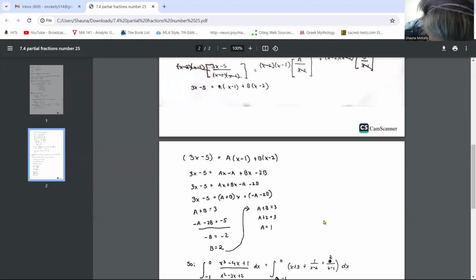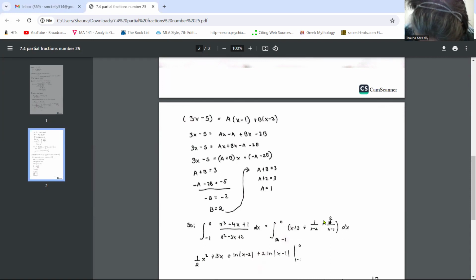And I did all those calculations, and I ended up with the partial fraction decomposition: the integral of x plus 3 plus 1 over x minus 2 plus 2 over x minus 1 dx.